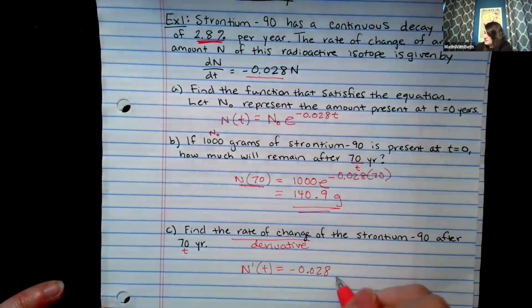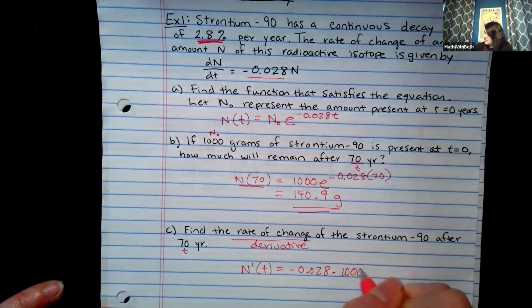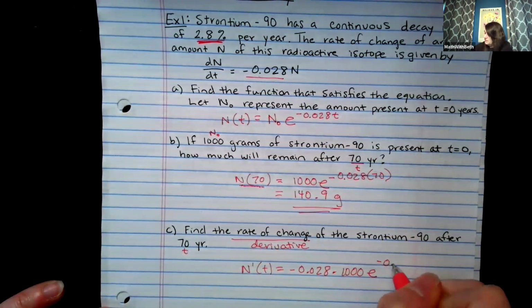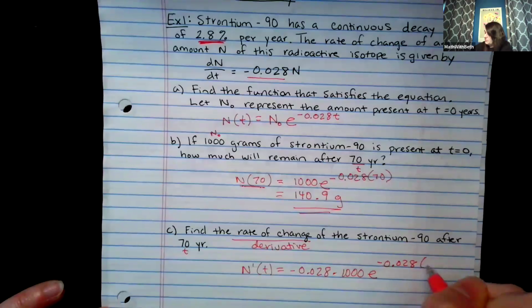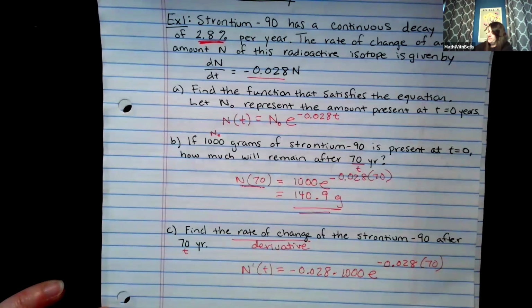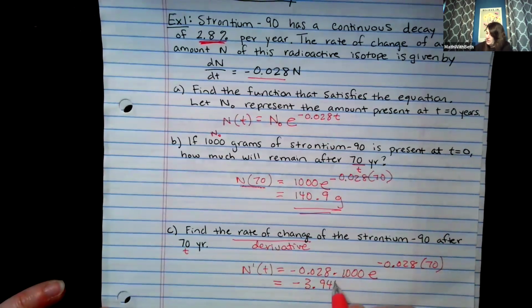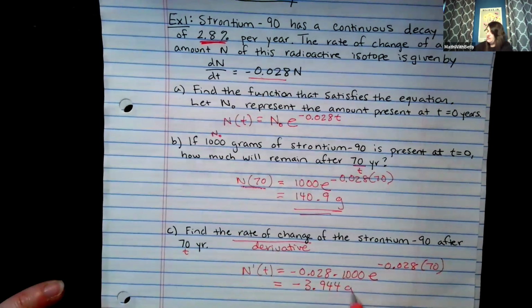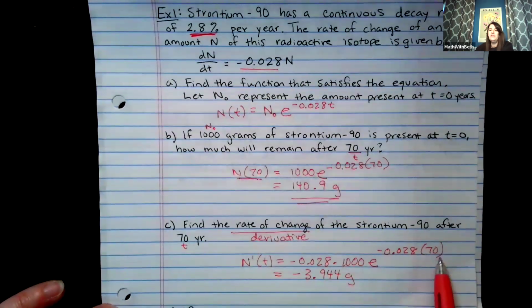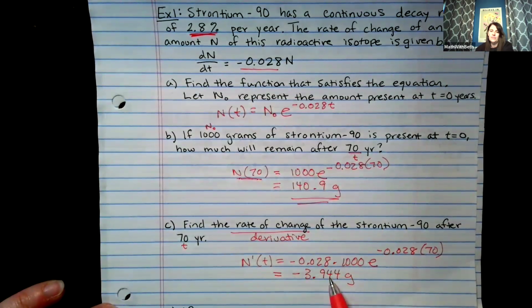So it's this times the 1,000 e to all of this, and again, we're plugging in 70. Plug all of that into your calculator and you would get this, which means that at 70 years, this is the rate that it is going down per year. It is losing this many grams per year.